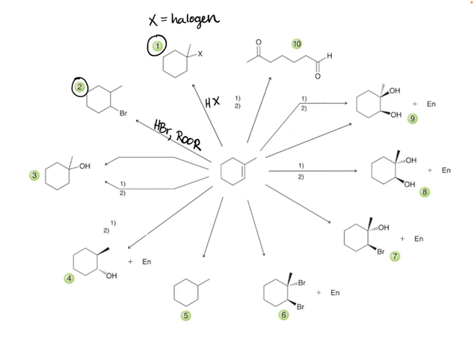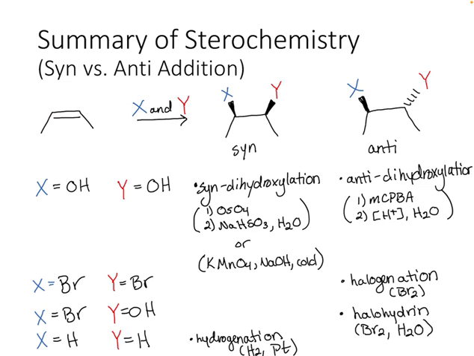Okay, so let's go to product 3. So it looks like we're adding an alcohol group to the more substituted carbon. And it looks like there's 2 ways to do that. There's 2 arrows going to that product. Okay, so if I go back to my chart, let's see.